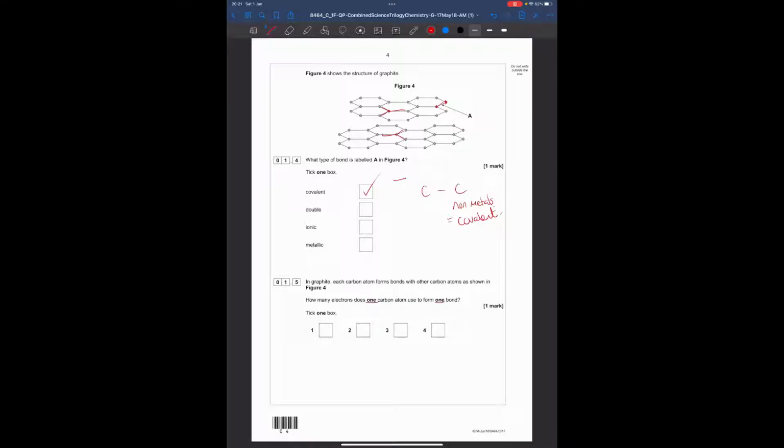Now, in order to do this, what they do is share 1 electron with each other to get a full outer shell. Their 1 spare electron, what they do is allow it to become a delocalized electron, which moves between the layers of graphite, and therefore it can conduct electricity if a voltage is applied. So your answer is 1.